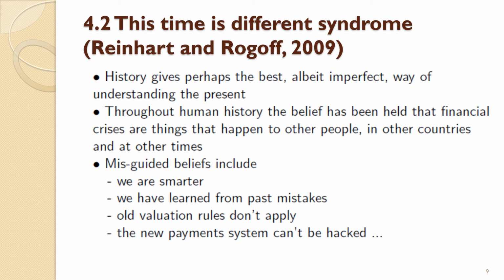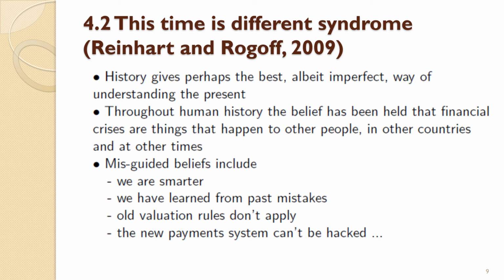So misguided beliefs which have confused people when it comes to this issue of value creation in the past include: we are smarter, we have learned from past mistakes, old valuation rules don't apply, our new payment system can't be hacked. Okay, so you share an awful lot in common with your ancestors.